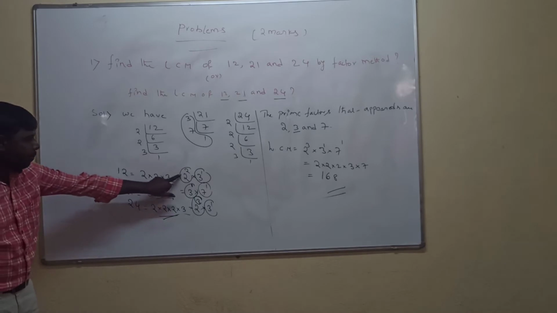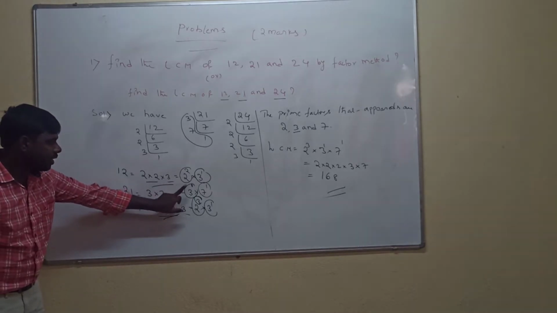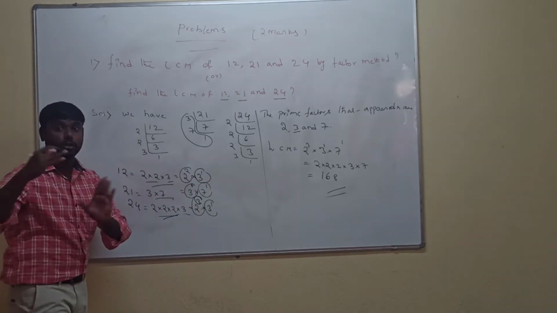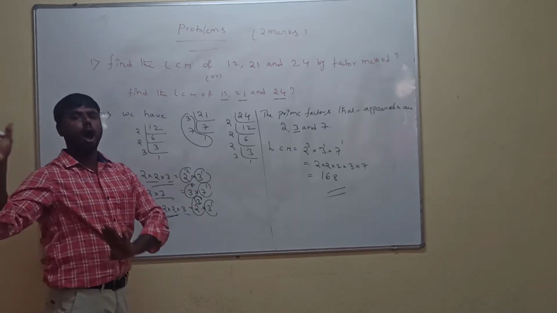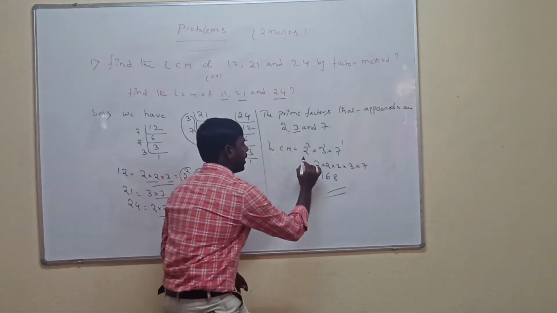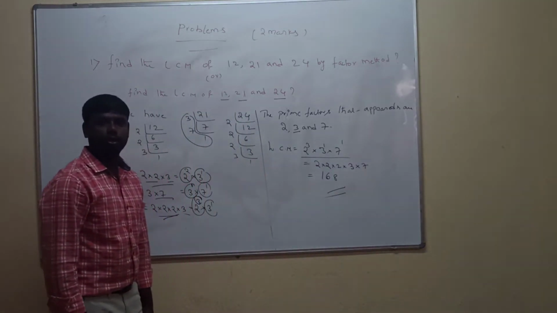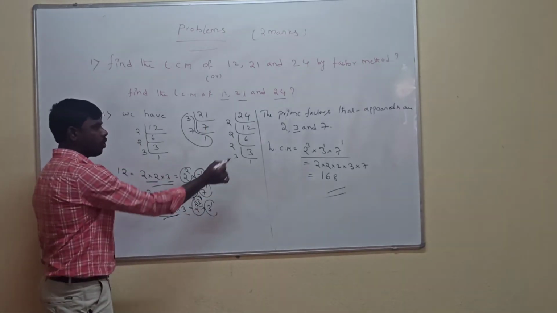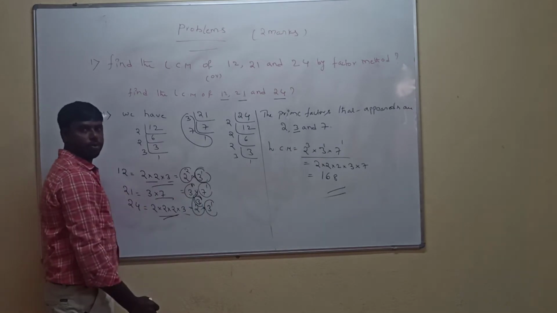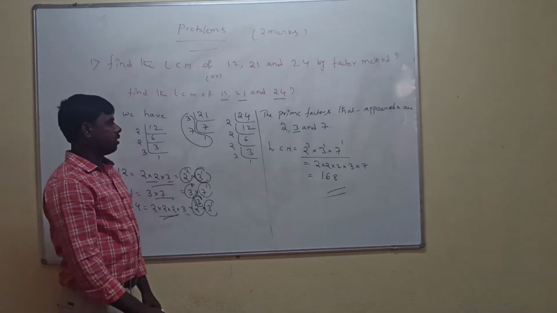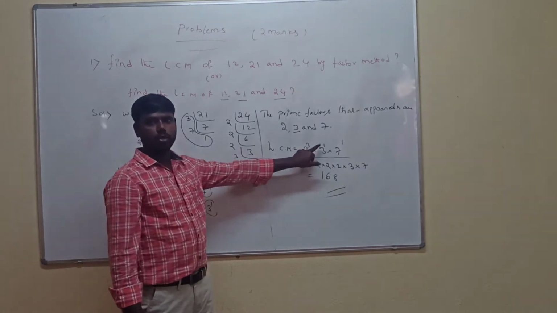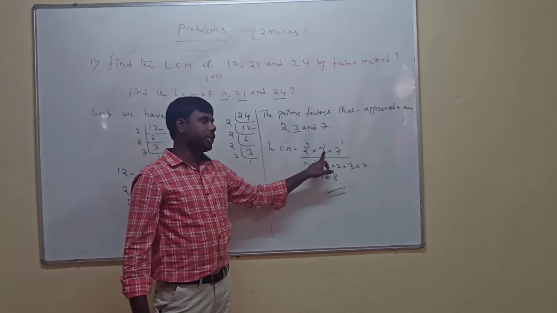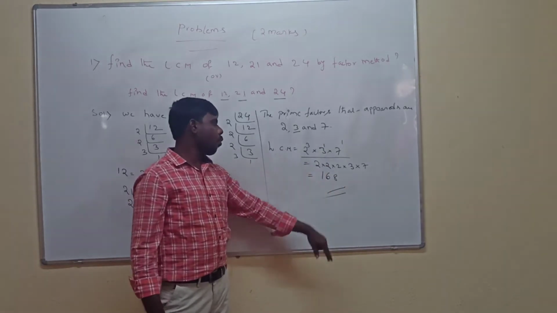After that, we see which prime factors appear: 2, 3 and 7. Finally, the LCM is equal to the product of the highest power of all the factors. 2 has highest power 3, 3 has highest power 1, 7 has highest power 1. 2 cube is 8, 8 into 3 is 24, 24 into 7 is 168.